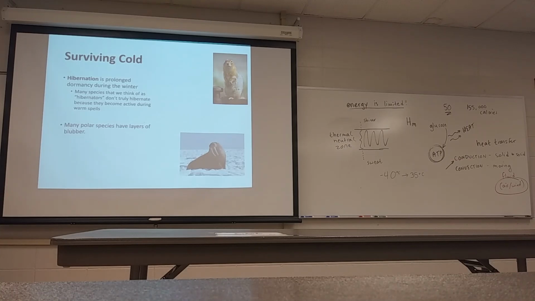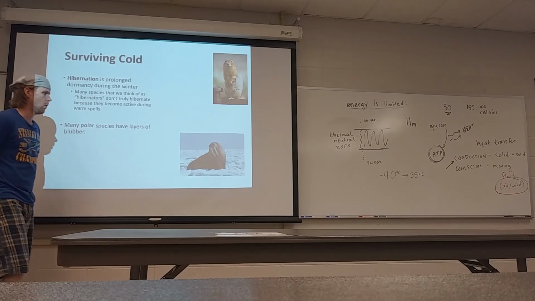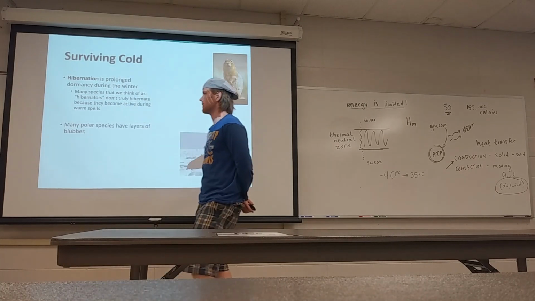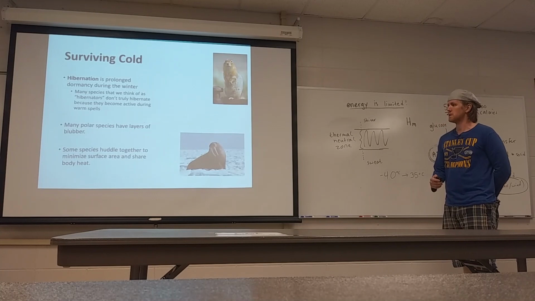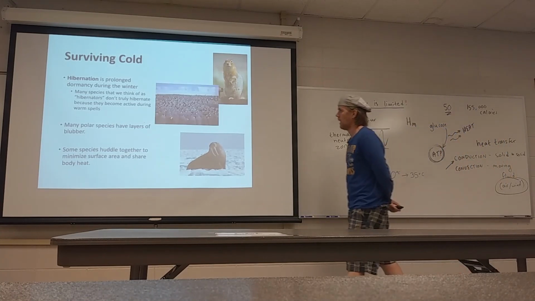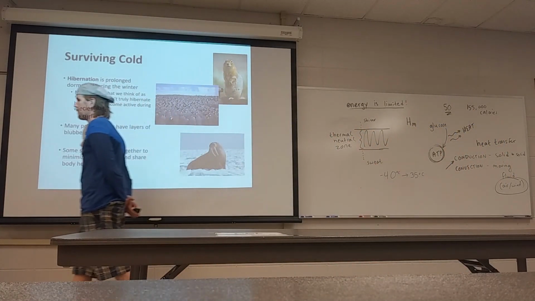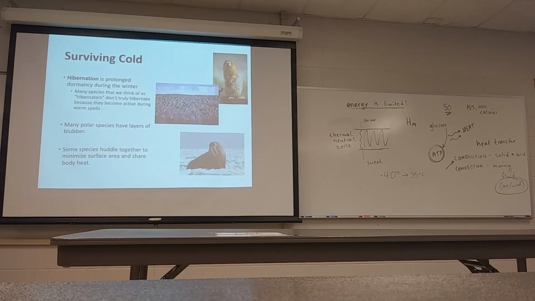Some species that don't hibernate are able to beat the cold by having thick insulating layers of blubber, like our walrus there. And other species have layers of thick fur as well, like musk oxen. And some species huddle together.